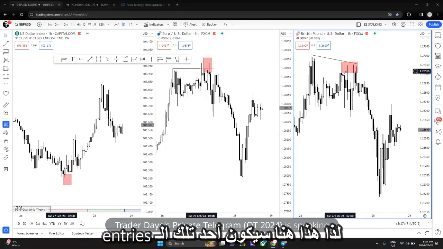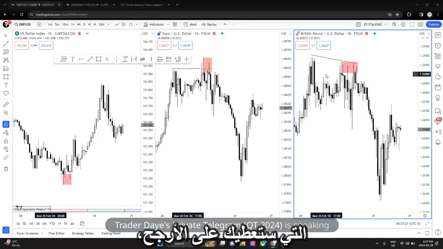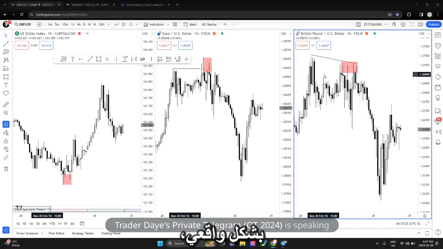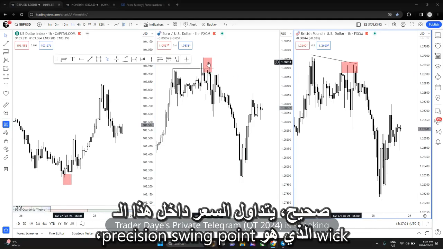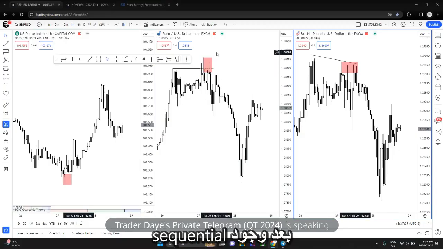So this right here would be one of those entries that will probably give you, realistically speaking, a good return for your risk, right? If price trades into this wick, that's a precision swing point after their sequential SMT.